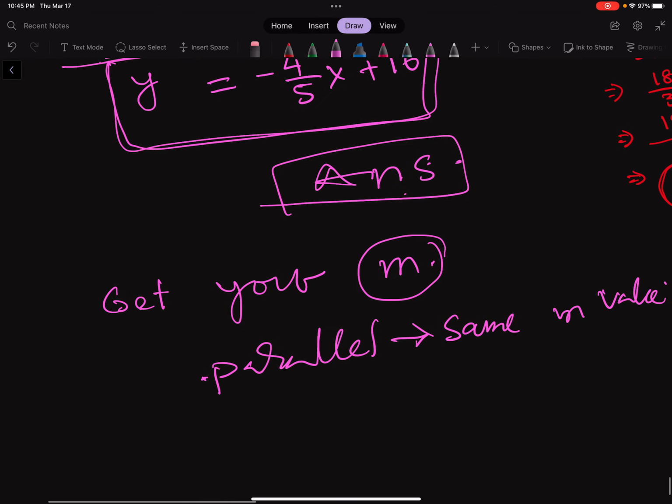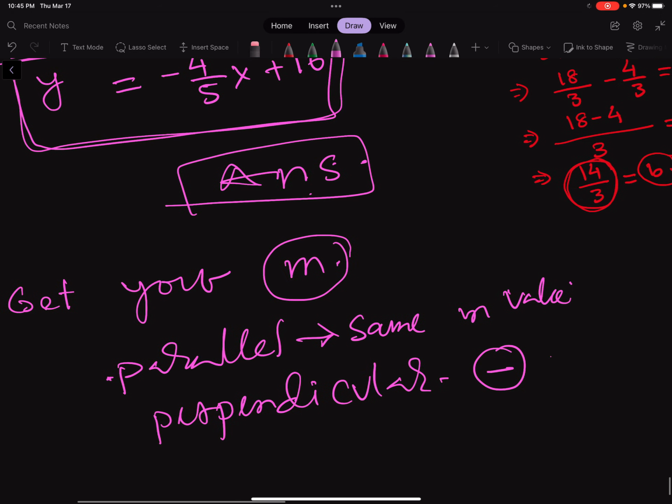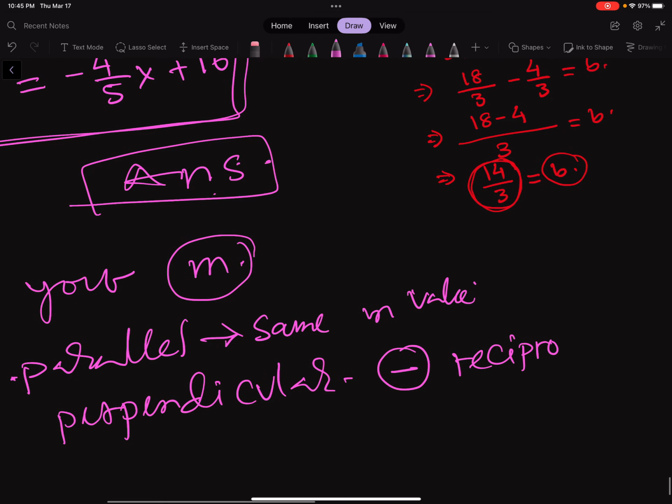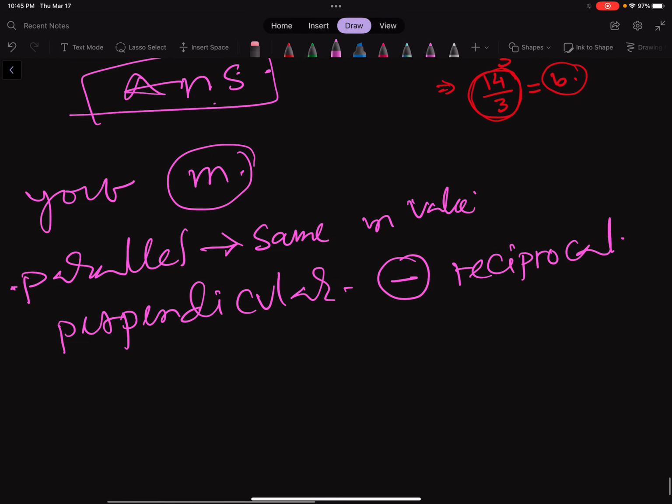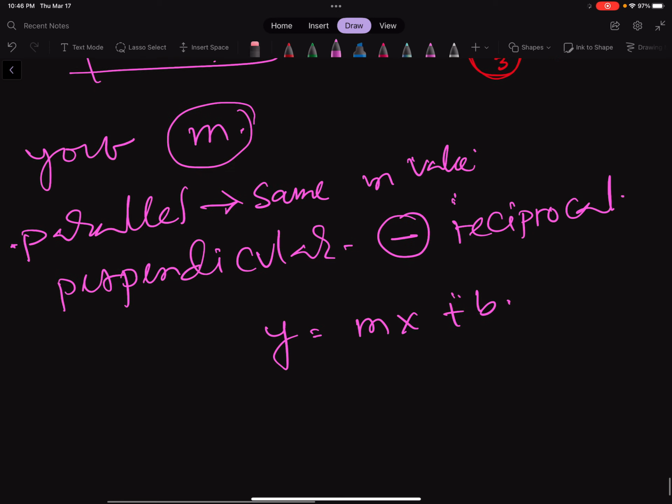If perpendicular, use the negative reciprocal. Get your equation that way, so your new m, plus b in this form. So have your x and y ready.